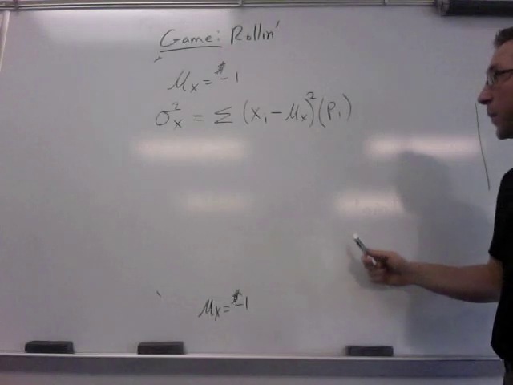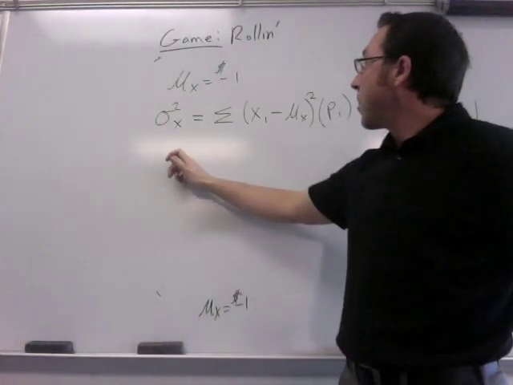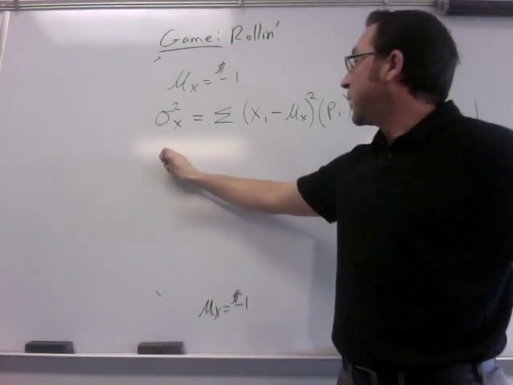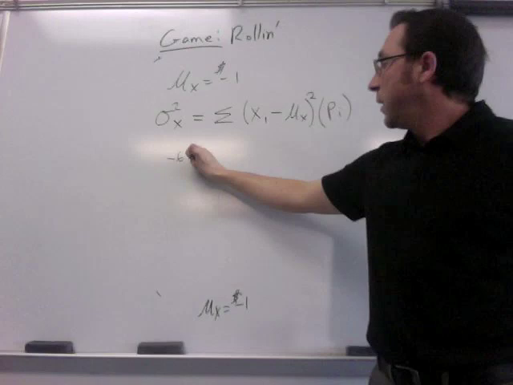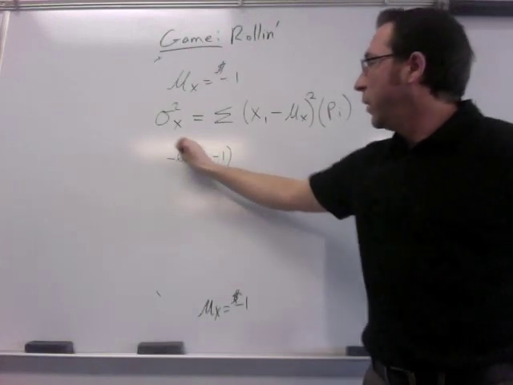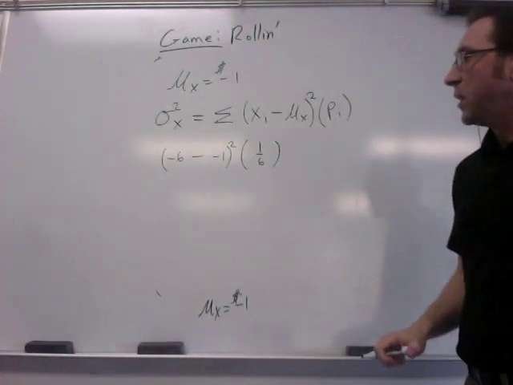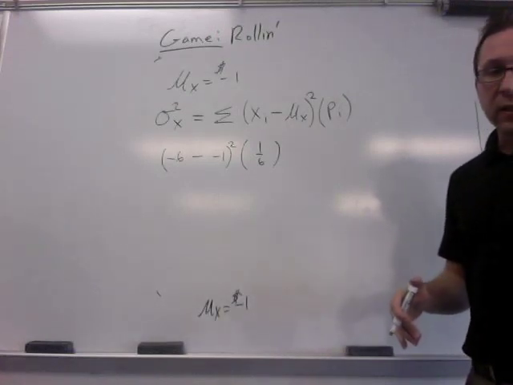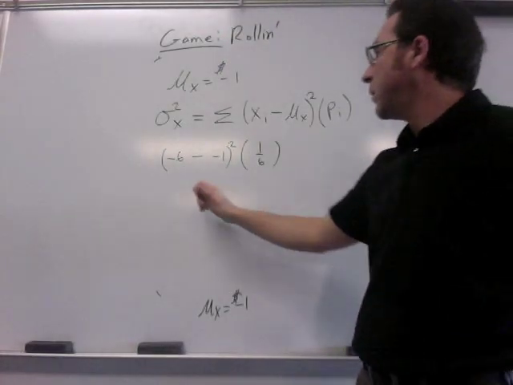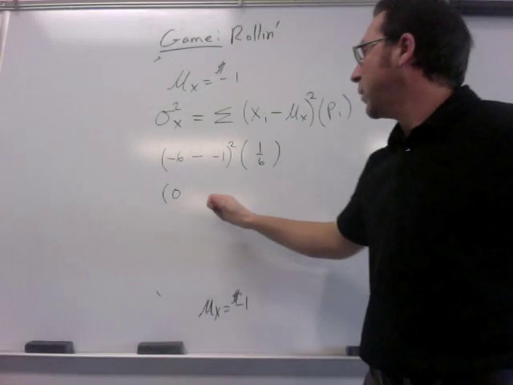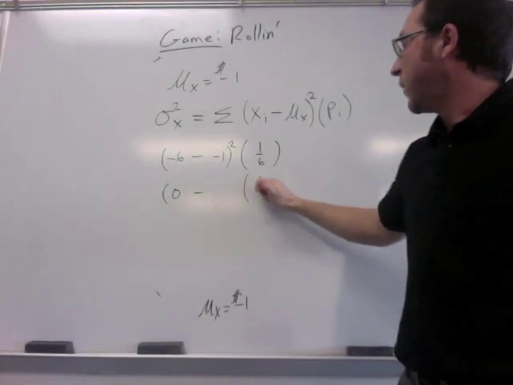And on this particular example, it would look like this. It was a -$6 for the first x that was on the list. Take away -1, squared, times the chance of that happening, which is 1/6. The next one on the list was breaking even, and that happens 1/6 of the time.